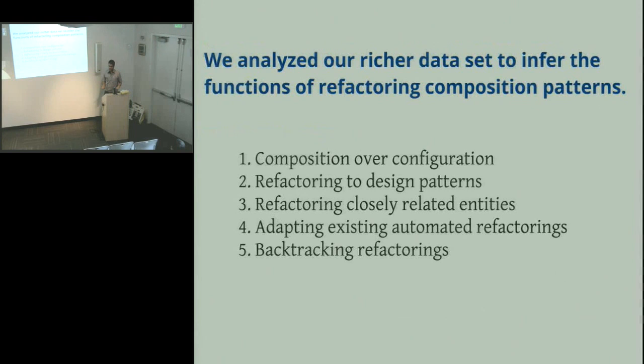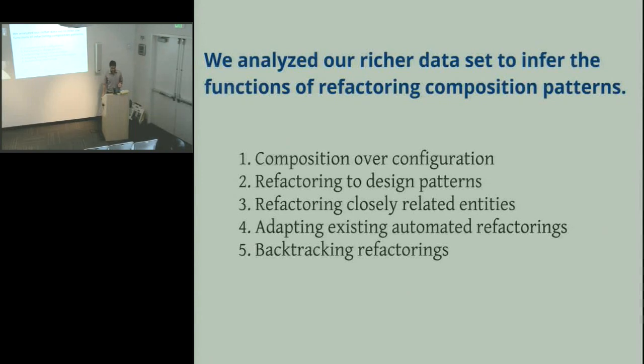The Eclipse data did not have enough context, so we could not tell why people compose these refactorings. So we consulted our own data set, which contains more textual information. It's a small data set, but has more context, so it allows us to understand the composition patterns better. We identified several functions, one being composition over configuration.